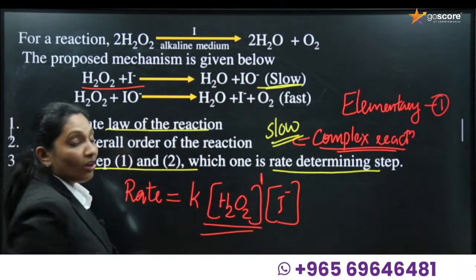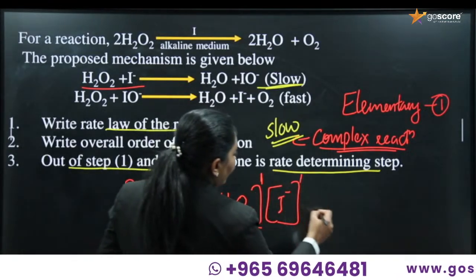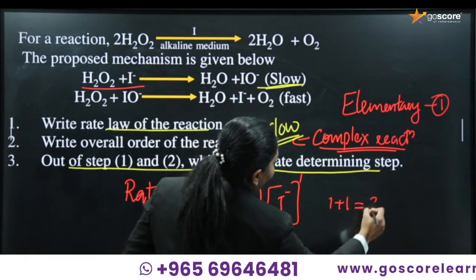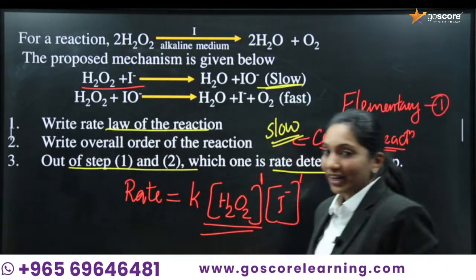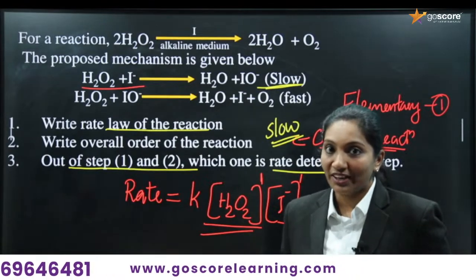What about the overall order of this reaction? It will be 1 plus 1, that is 2. I hope this order and rate law is clear for everyone.